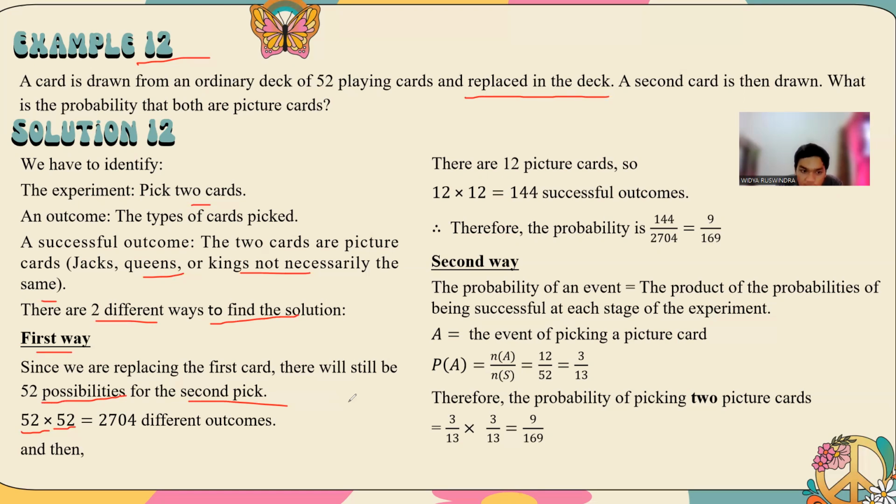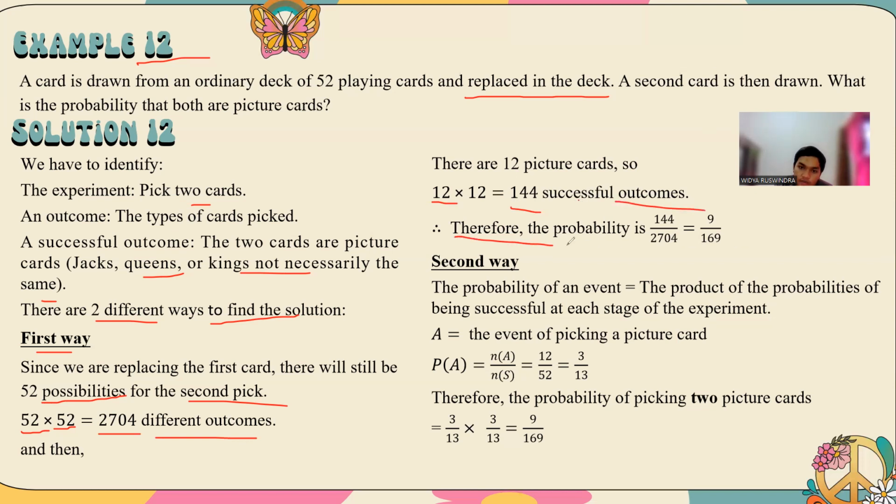So we have 2,704 different outcomes, and then there are 12 picture cards. So 12 times 12 is equal to 144 successful outcomes.